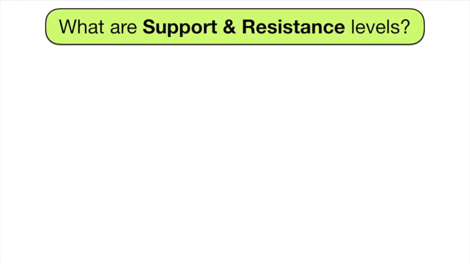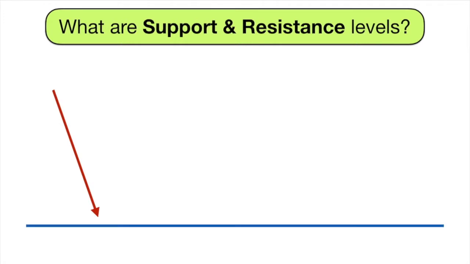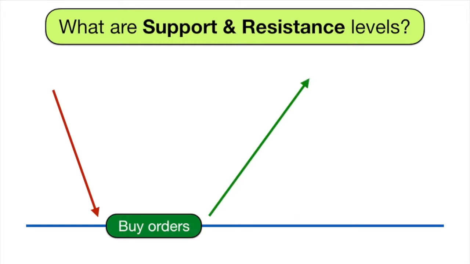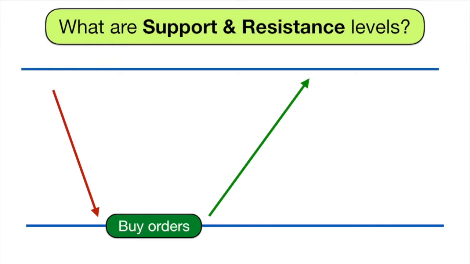So support occurs when market prices fall to a certain level and then they're held up by significant buy orders, and resistance occurs when market prices rise to a level and then they're prevented from moving any higher due to a big volume of sell orders.